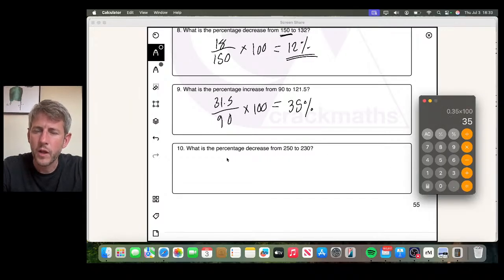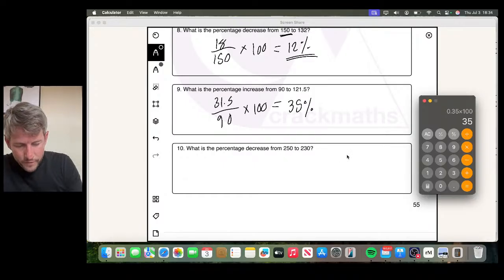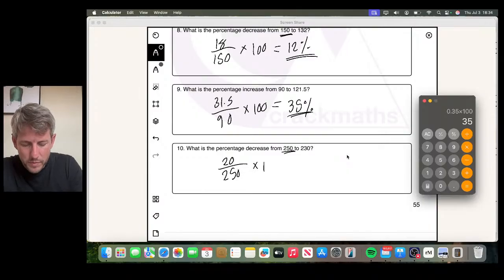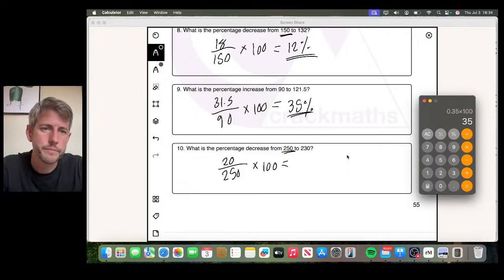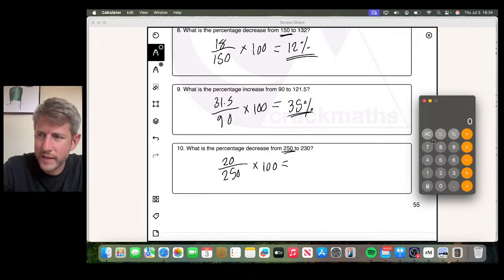Okay, right. What is the percentage decrease from 250 to 230? So we've dropped down 20, okay, because 250 take away 20 is 230. And we drop from the 250, so it's 20 out of 250. And then we're going to multiply that by 100. Okay, so let's write that down.